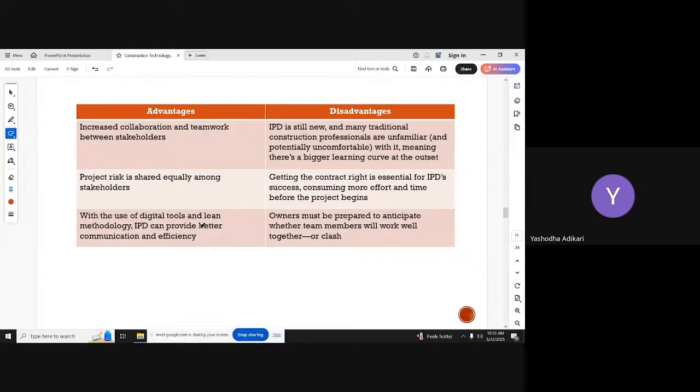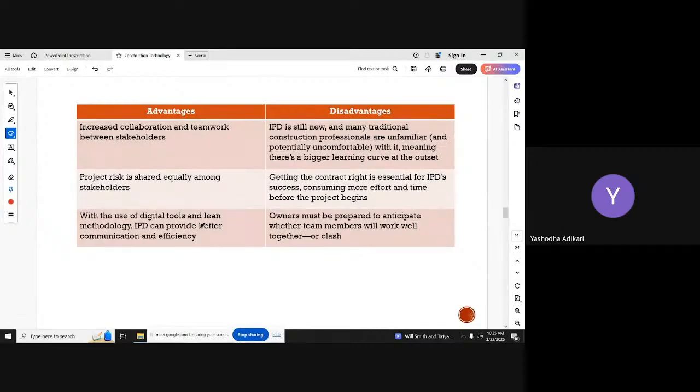As the advantages, I can say increased collaboration and teamwork between stakeholders. Project risk is shared equally among stakeholders. With the use of digital tools and team methodology, so those are some advantages. Under the disadvantages, I can say this procurement method is still new and many traditional construction professionals are unfamiliar.